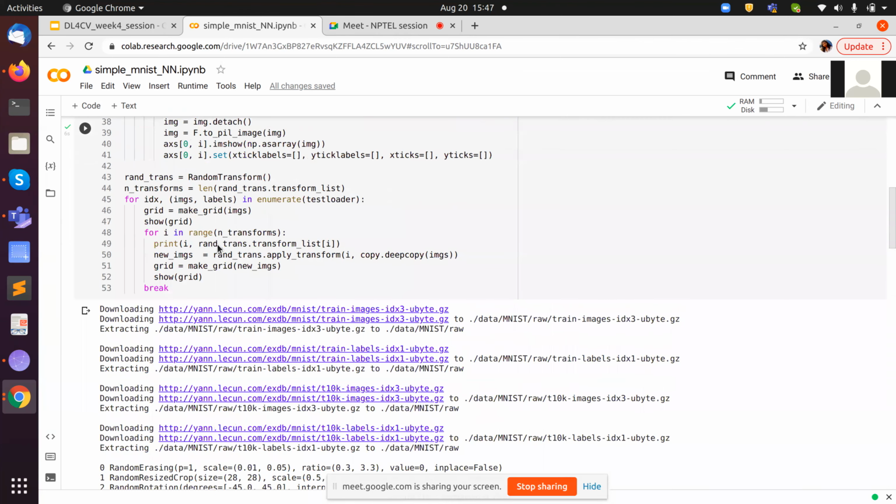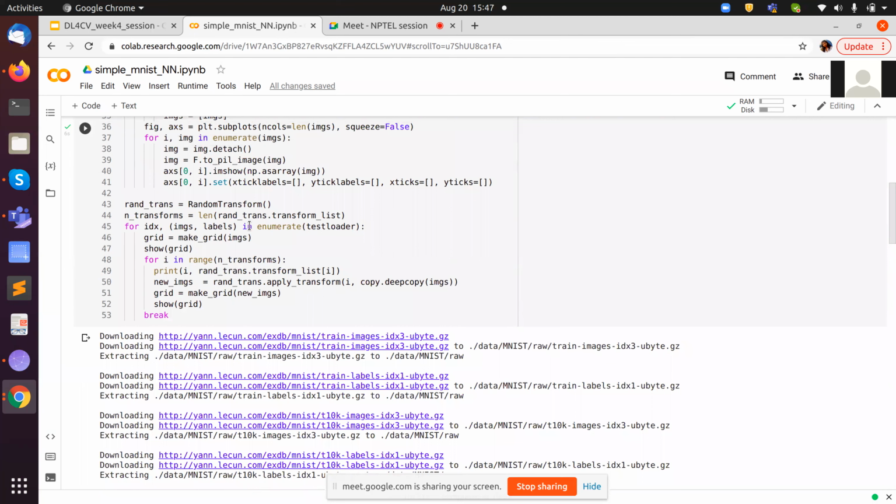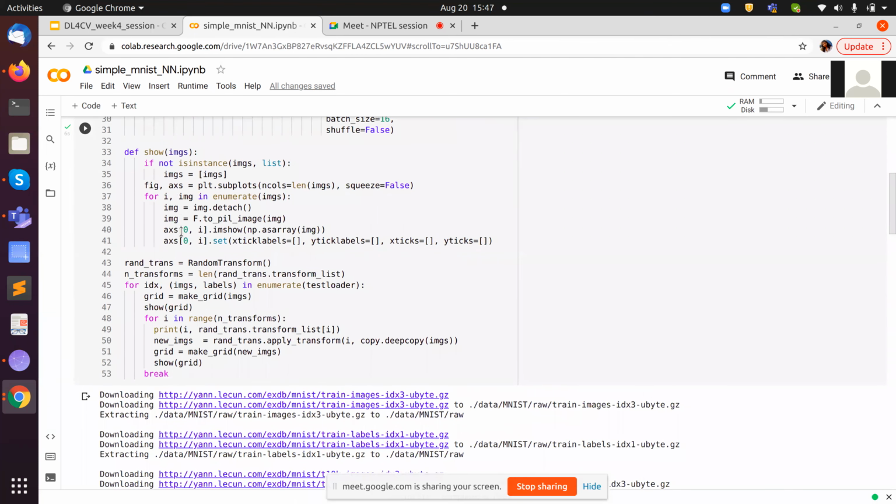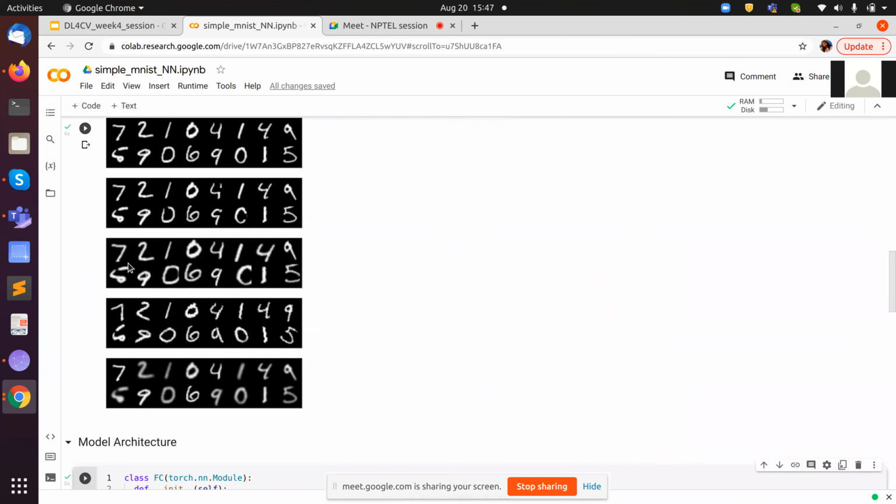Maybe what I can do to show you, I can add some spacing here, and then you can see it. Each image will be inputted as this.